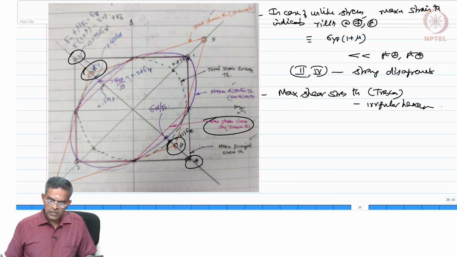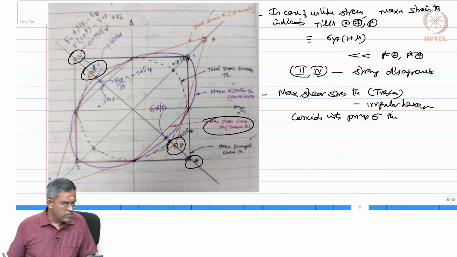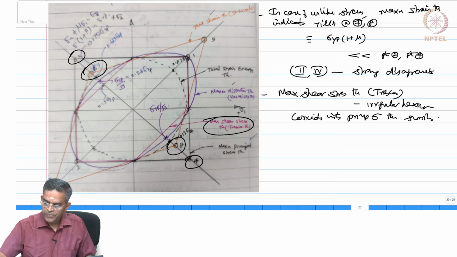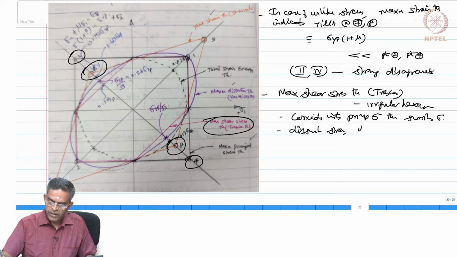It coincides with the principal stress theory in case of similar stresses. In case of dissimilar stresses, it shows disagreement.